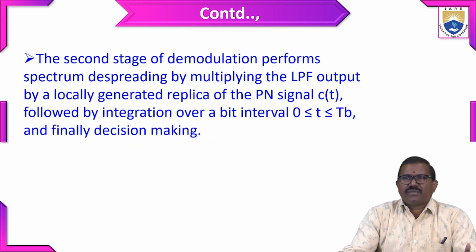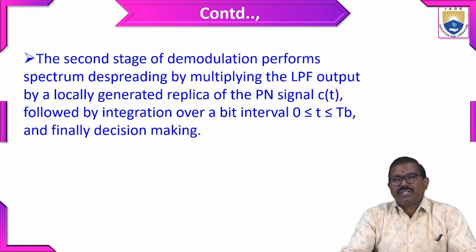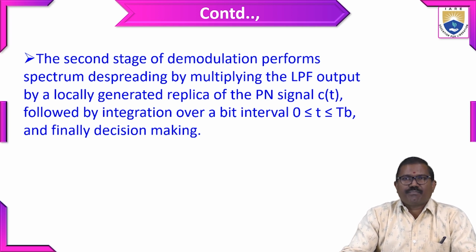The second stage of demodulation performs spectrum despreading by multiplying the LPF output by a locally generated replica of the PN signal c(t), followed by integration over the bit interval 0 to T_b and finally decision making. That is also seen in the receiver block diagram.